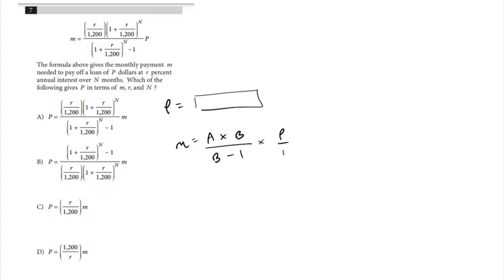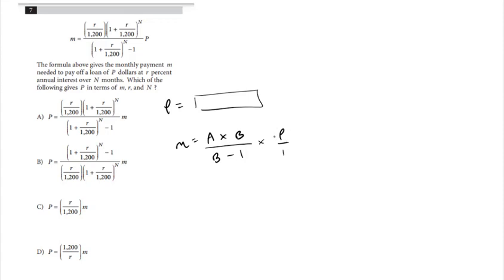Now, some people might think that they should cancel the b's here, which is incorrect. You can only cancel if it's all multiplication on the top and all multiplication on the bottom. So if there was a b minus 1 times p over b minus 1, you could cancel, but because there's not, you can't. It has to be all multiplication on the top, all multiplication on the bottom.